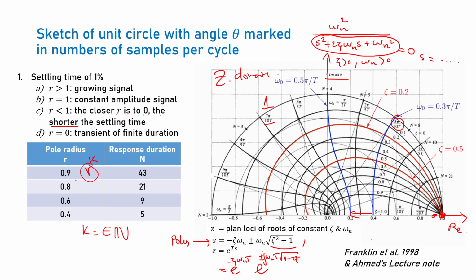If r equal to 1, the exponent just stays at 1, right? But if it's much smaller than 1, for example 0.4, then this one dies faster. So for this one it dies slowly, for this one it dies faster, okay.